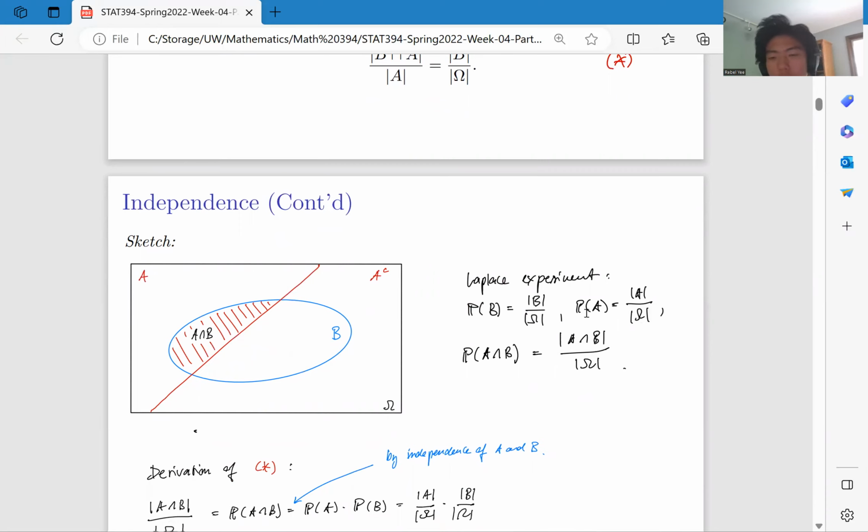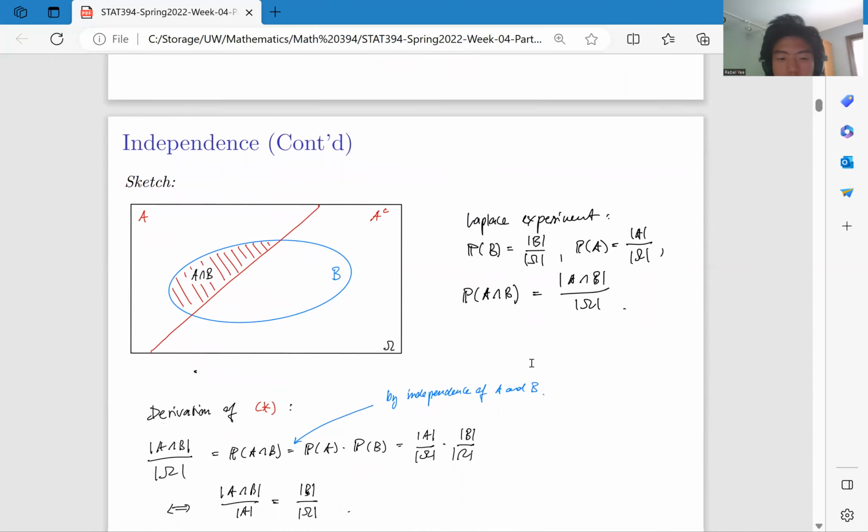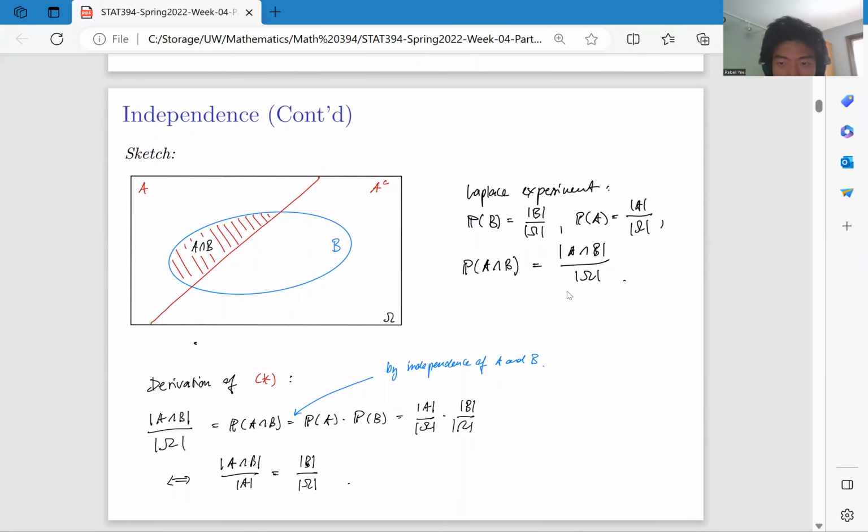Similarly, we can define the probability of A and the probability of A intersection with B. We can all define that here. And what I said just now, use your brain to think about the probability of A given B: this area is A intersection with B divided by B, which is this term divided by this term, right?